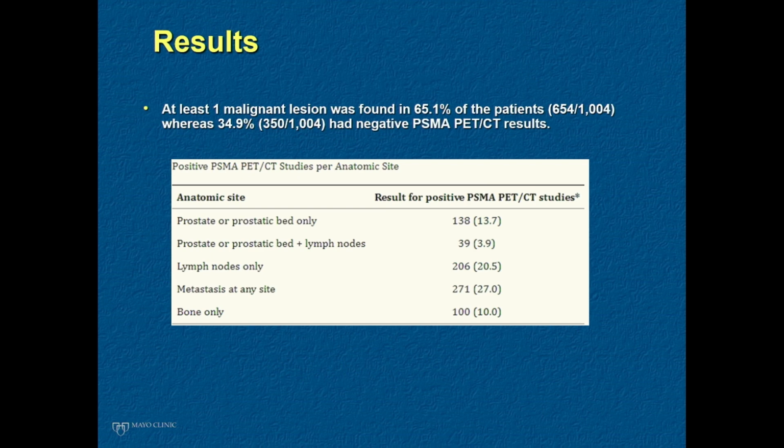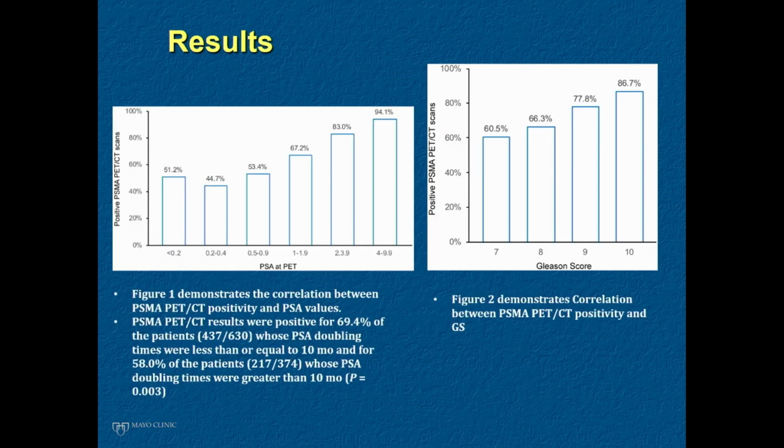And you can see here the results for the PET scan in terms of the distribution of sites that were found on the PSMA PET scan. And again, PSA at PET and reflecting the value of doing the PET scan appropriately.